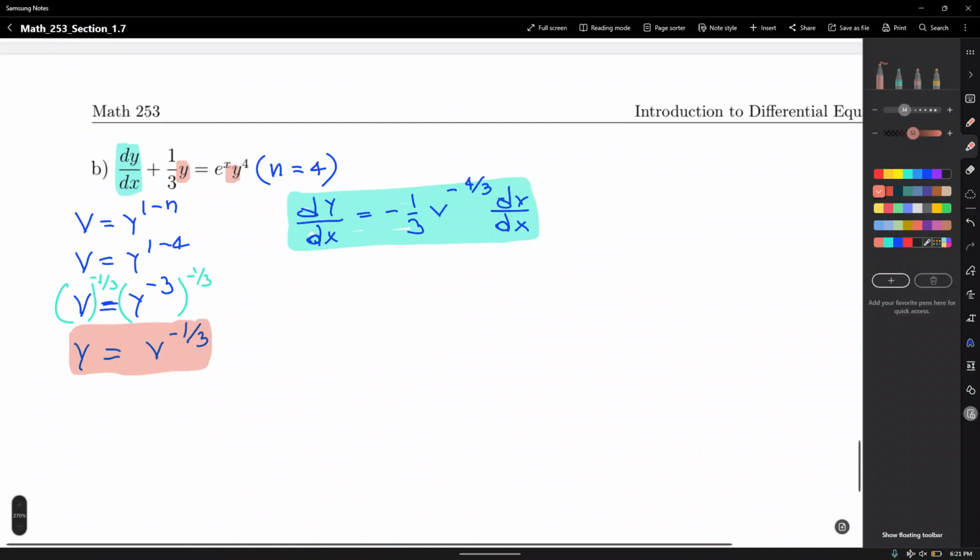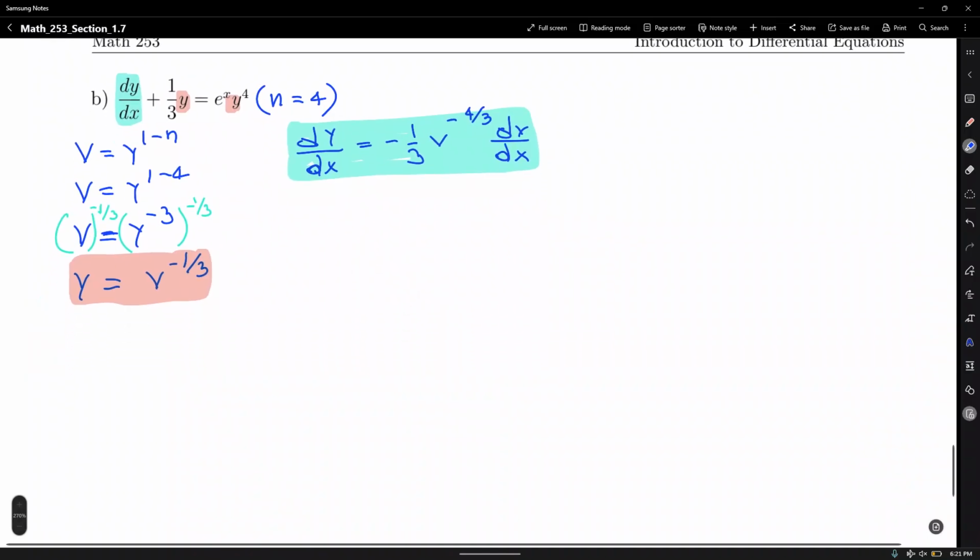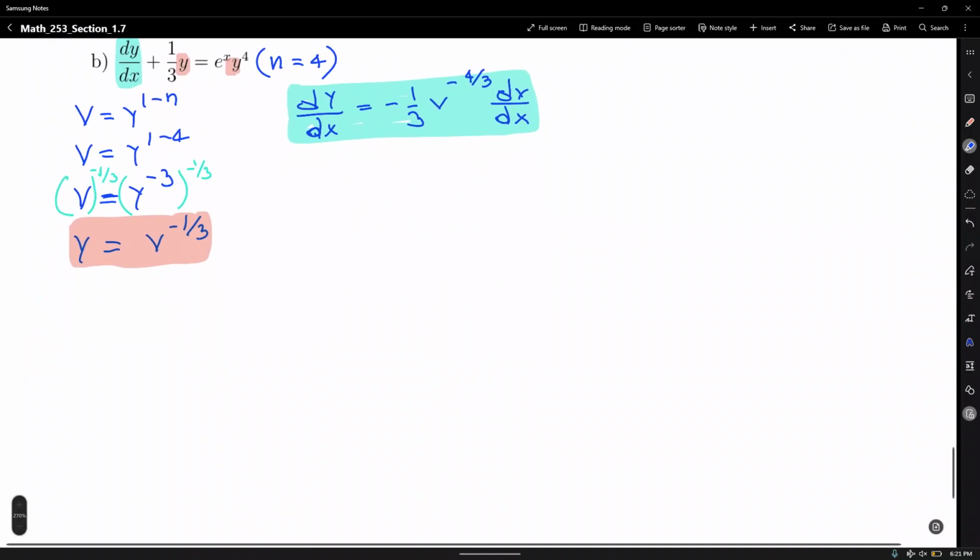All right. So the next couple of steps may look ugly. I mean, there is no way around it. It's what it is. But we're going to get to a nice equation, I promise you.